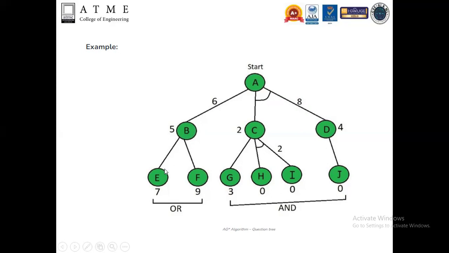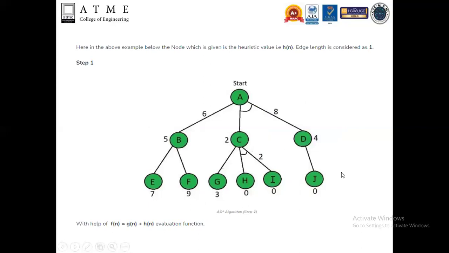From B to E it is 5, and traversing across node E, it is 7. Similarly, for F, it is 9. Transferring from node A to D takes a cost of 8, and across node D itself it takes 4, and from D to J it takes 0 as the cost of the function. This is the illustration of this.